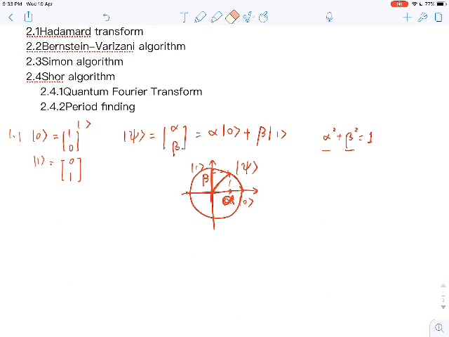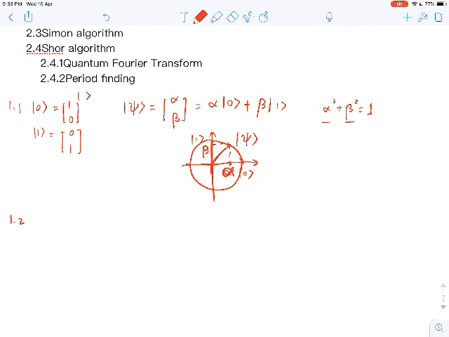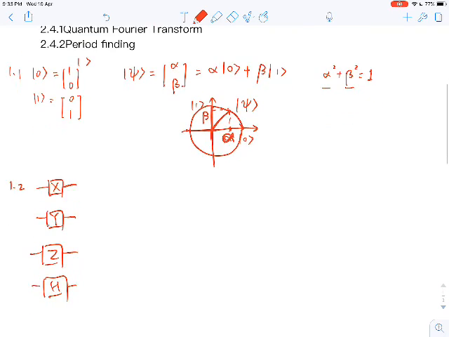Now let's look at 1.2 quantum gates, and I will introduce some basic quantum gates like X gate, Y gate, Z gate, and H gate. These gates can be represented in matrices, and X gate is (0 1; 1 0).